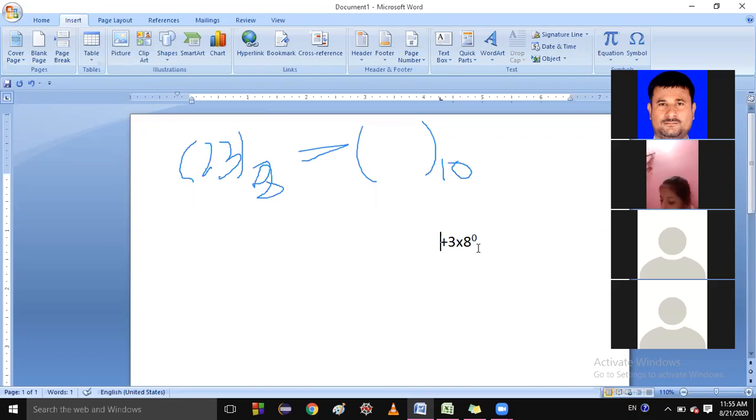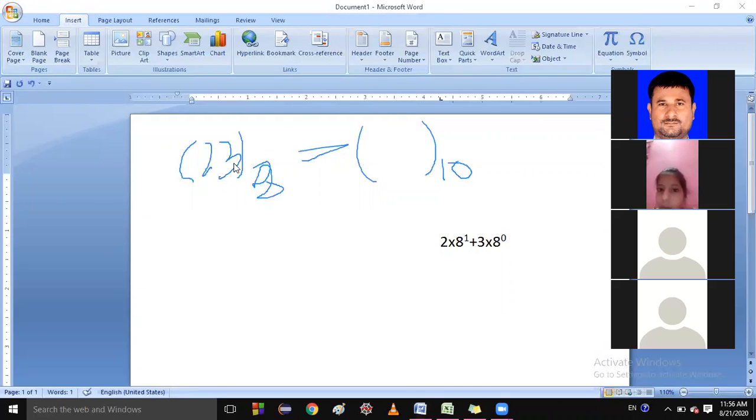So 3 multiply 8 power 0, then the next number is 2, 2 multiply 8 power 1. Is it clear? No, sir. Listen, see this number. This is an octal number, so it has base 8. We start from the right side.